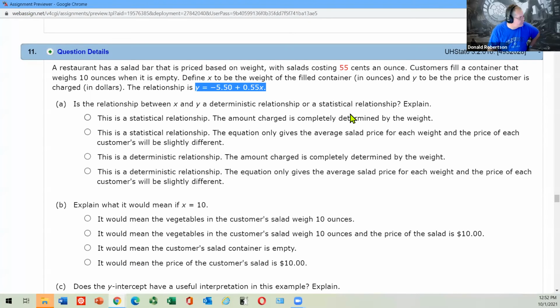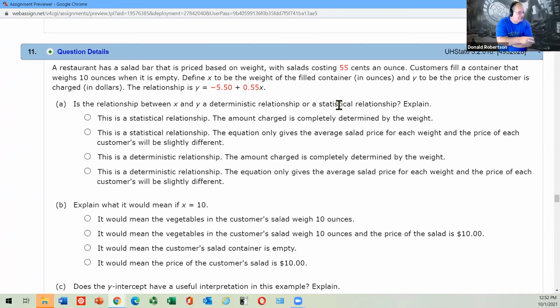Here is a relationship that looks like math, right? With X's and Y's. In this relationship between X and Y, is it a deterministic or a statistical relationship? Oh, I haven't covered that word. If you use X's and Y's, or you use price and square foot, you're looking at the information in two different ways.